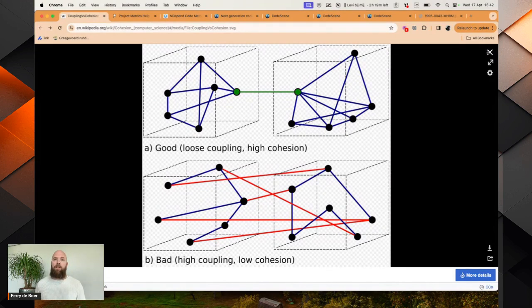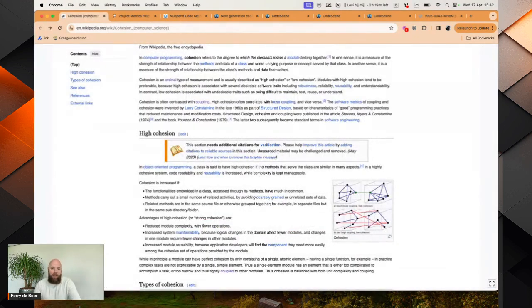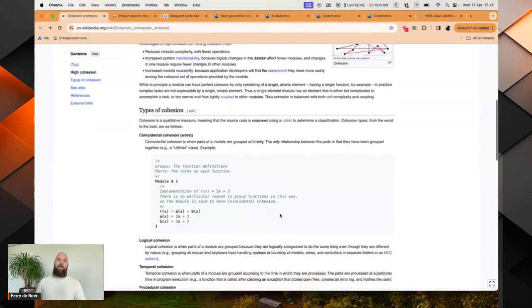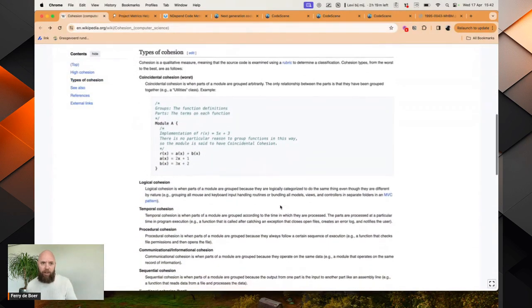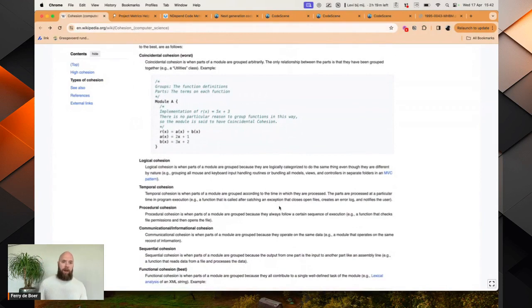Now, what's interesting about this article is that it actually defines different types of cohesion, from worst to best, and certain types of cohesion are basically not possible to prevent and others are. Let's briefly go over them.